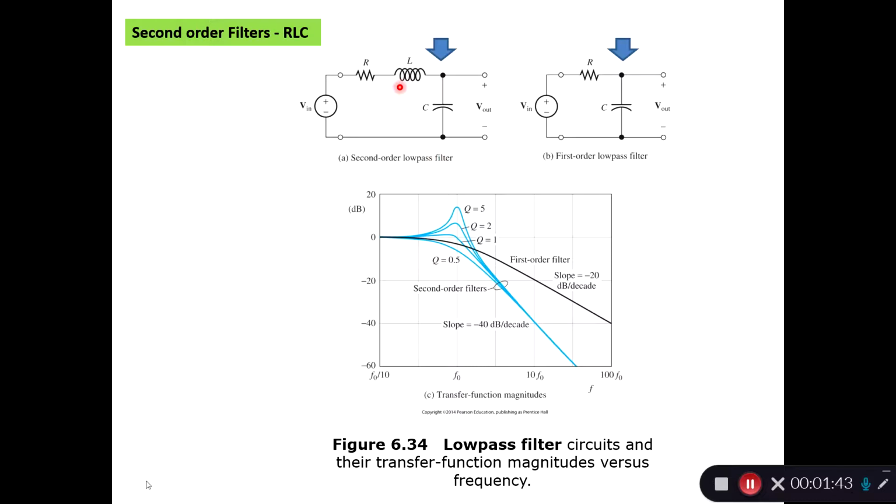Due to it having two energy storing elements, the slope is actually double that of the first order low pass filter. So it's more selective in reducing unwanted frequency behavior in our signal.